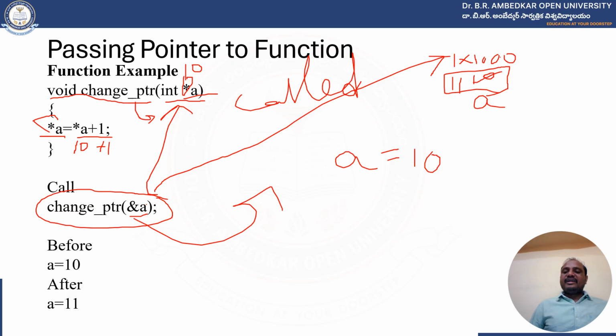When we pass pointers as arguments, whatever changes we make to that particular variable will be reflected in the original place. You can see here, before, the a value is 10; after executing that function, the a value will be changed to 11, because by using dereferencing we added 1 to our variable a.